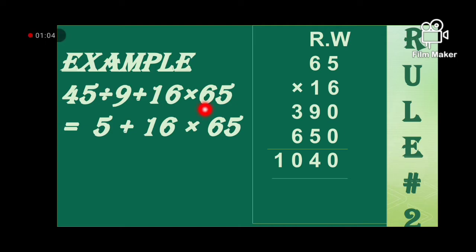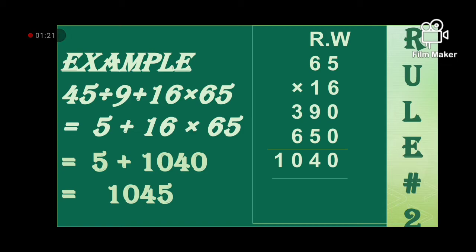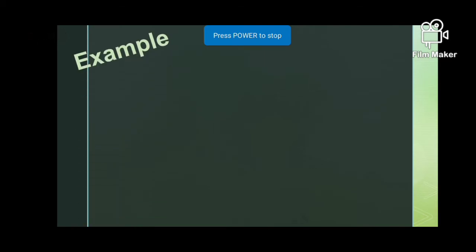When we multiply 16 by 65, we will get 1040. So 5 plus 1040, then we will get 1045.